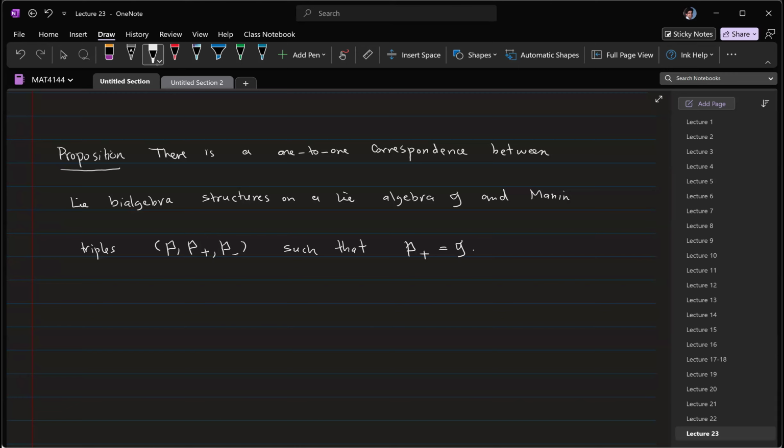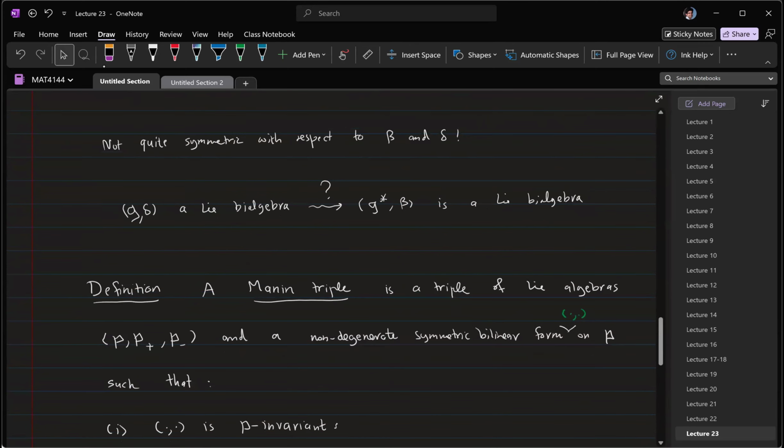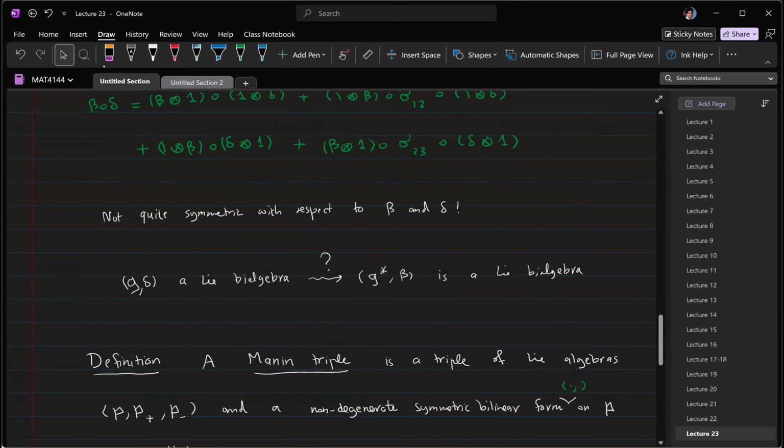Okay, so now how do we prove this assertion? Well, maybe before proving this assertion, I can explain to you how you answer this question using this statement. Starting from G and delta, we can take the corresponding Manin triple.